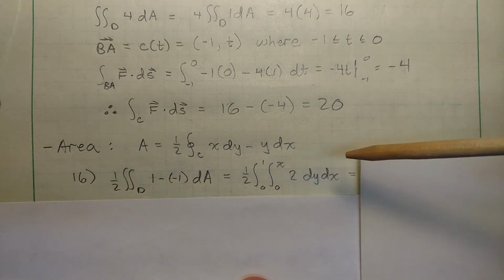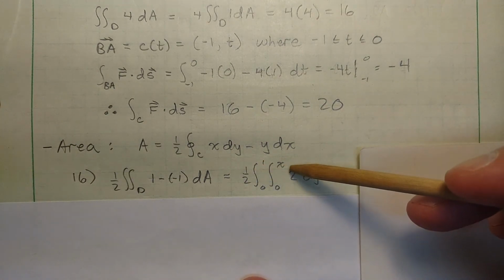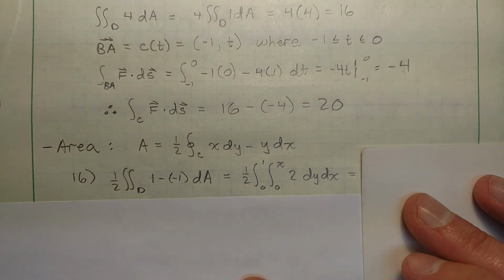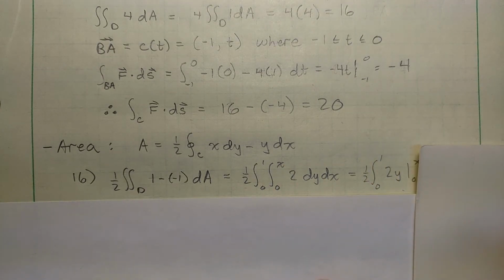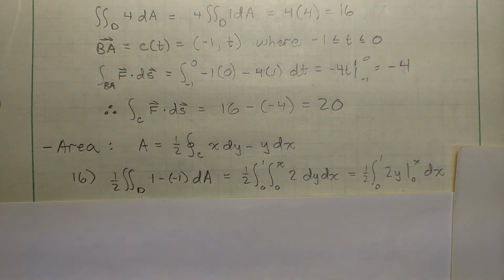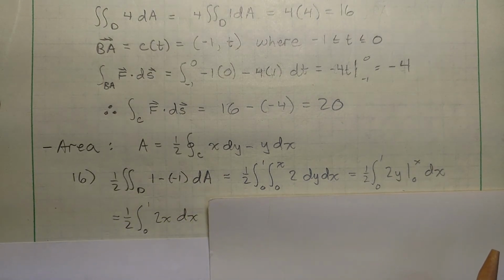But we'll see that in theory this would produce the area if I factored out the 2, because then I would just have the double integral of 1 over the region D, dA. But evaluating the integral here, I have 1/2 times. Integrating this with respect to y, I get 2y evaluated from 0 to x dx. Substituting in, I get 1/2 times the integral from 0 to 1 of 2x dx.